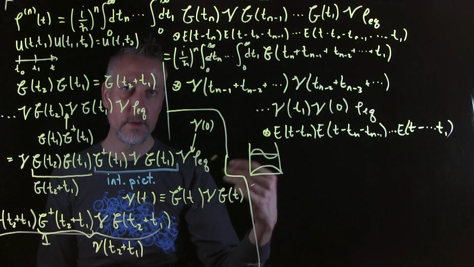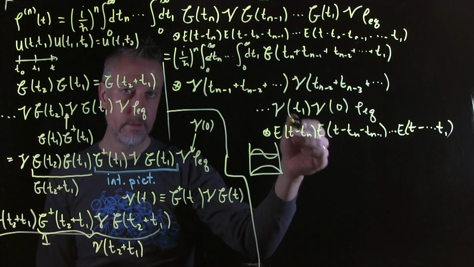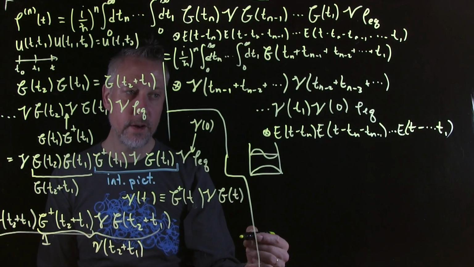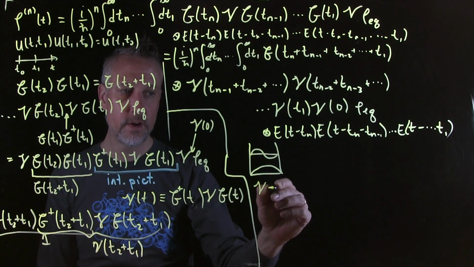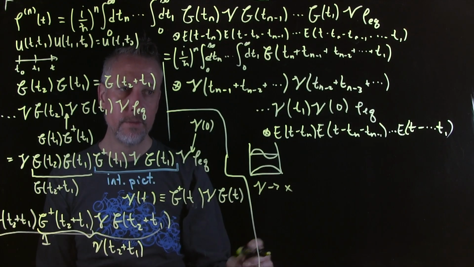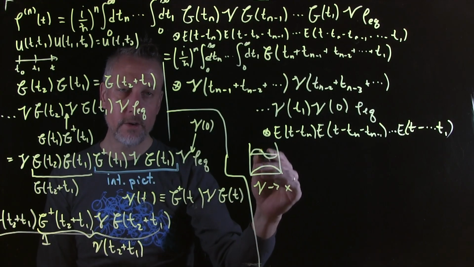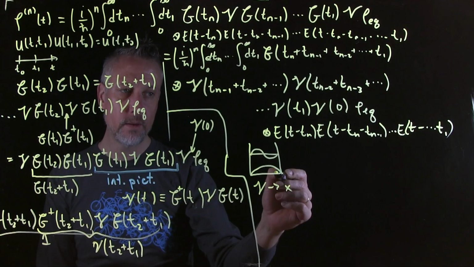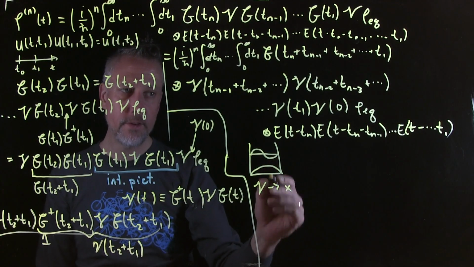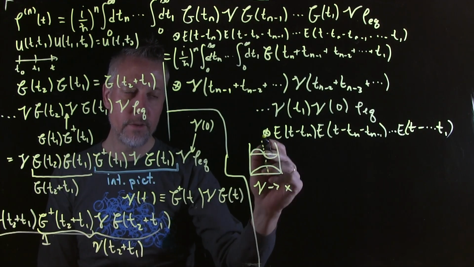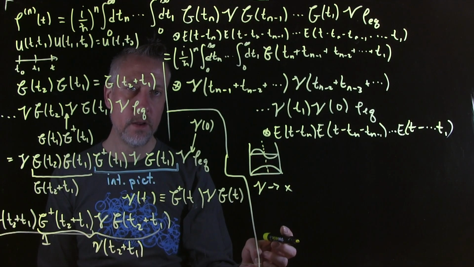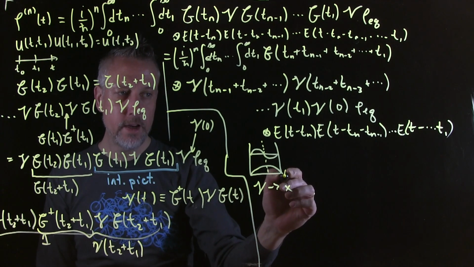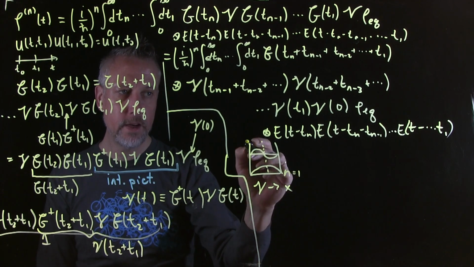Why? Because the dipole moment operator is proportional to the coordinate x. So V is just going to become x. If I put an x in here and integrate this, I'm only going to have non-zero matrix elements when these two states have different parity, which means how they reflect with respect to the center. So let's say you wanted to make the transition from the state n equals 1 to n equals 3.